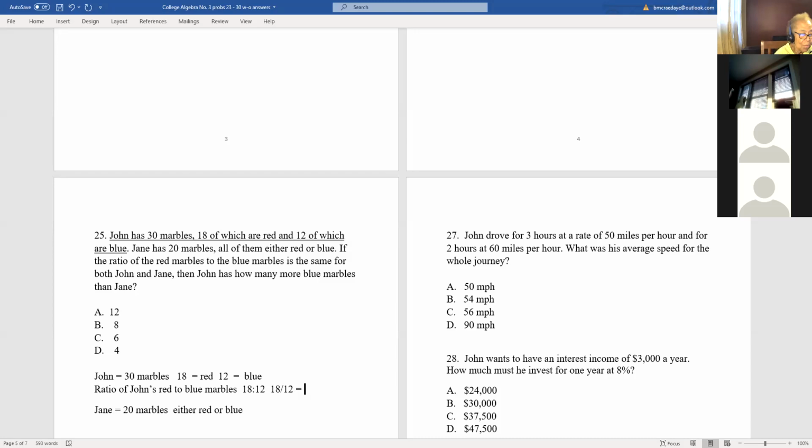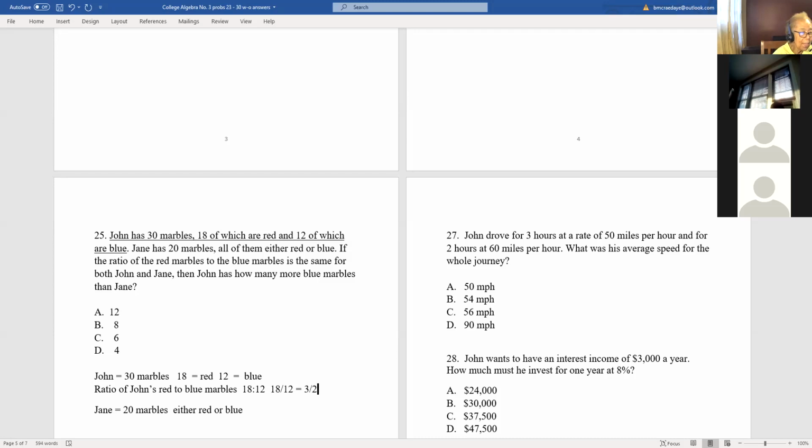It's your least common multiple for 18 and 12. The number you can divide into 18 and 12. 6. Okay, 6 into 18 is 3 times, and 6 into 12 is 2 times. Yeah, I said 3 halves, remember? That's okay, that's right.